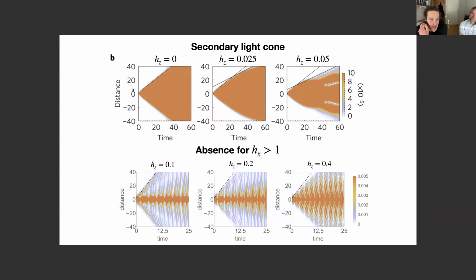Now we can go to the main topic, which is the false vacuum decay. Before, we were studying these modes on the true vacuum. Now I want to understand what happens if we prepare the system in the false vacuum.